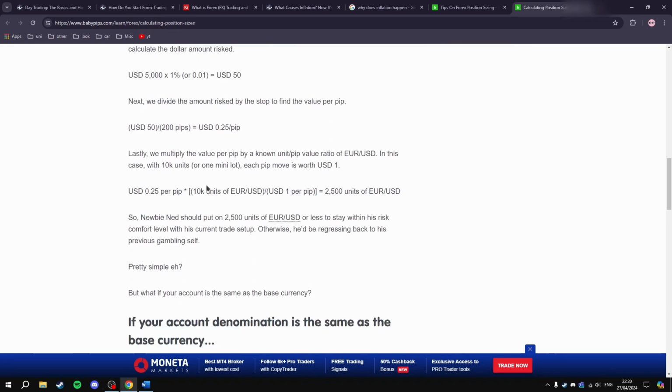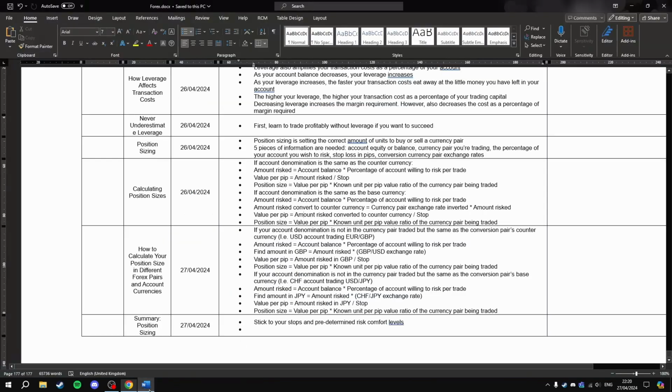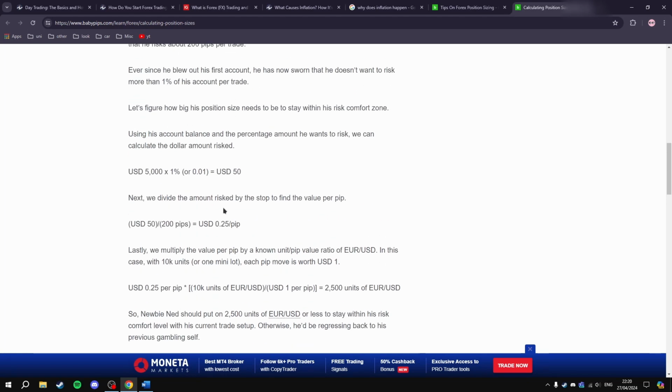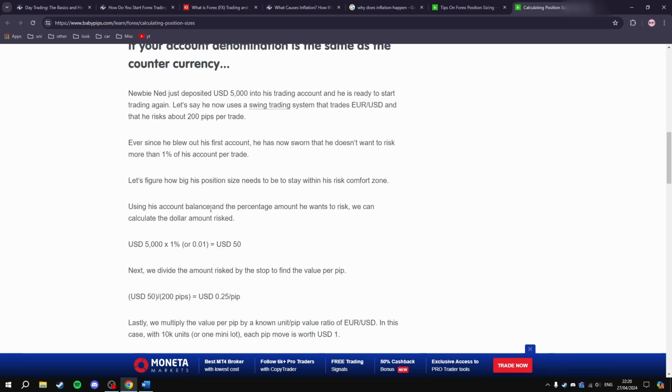Last, we'll multiply the value by the unit per pip value ratio of EUR USD. In this case, with 10k units or 1 mini lot, each pip move is worth 1 USD. But how would you know whether it's a 10k lot though?